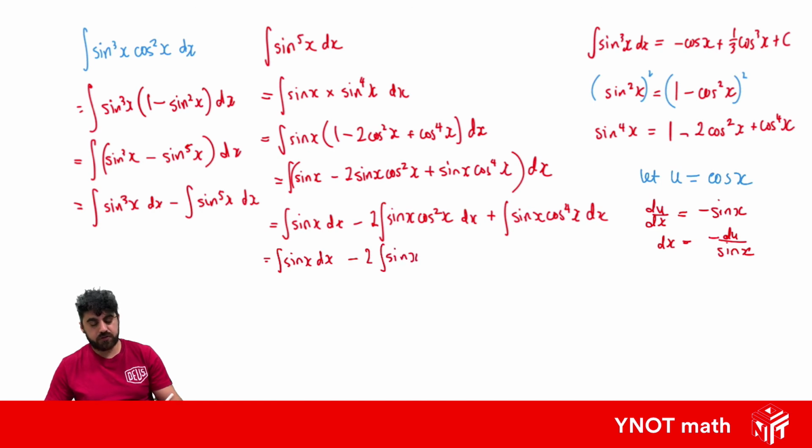Now cos x we let equal to u, so we're going to have u squared times dx, which we know is minus du over sine x, plus, so we're using the same substitution for this one, of sine x. Cos x, remember, equals u, so we're going to get u to the 4, and dx equals minus du over sine x.